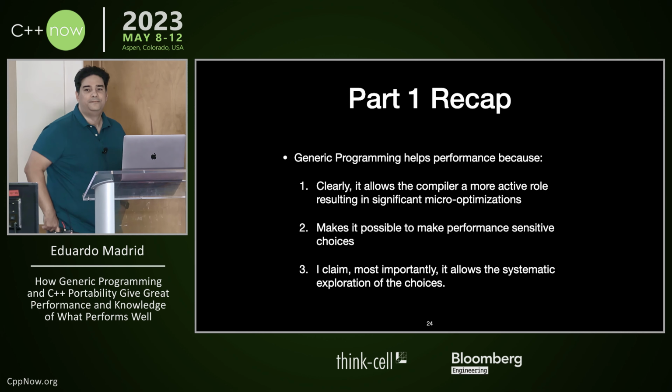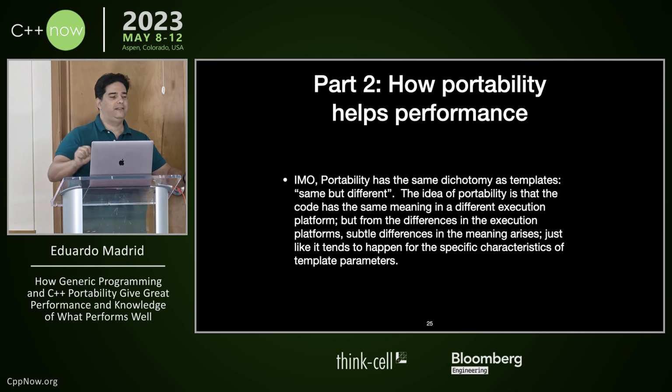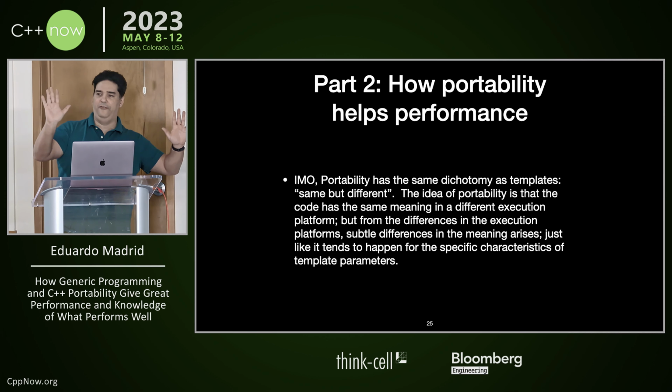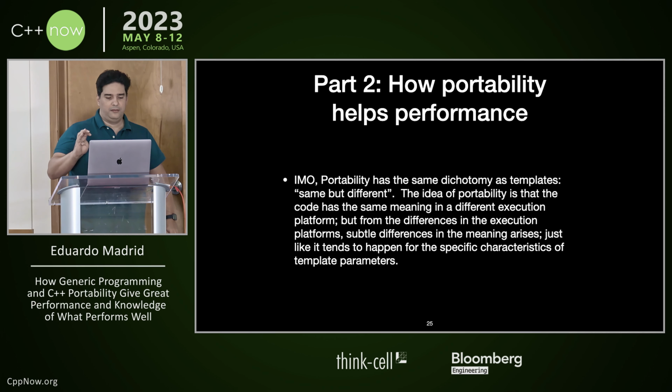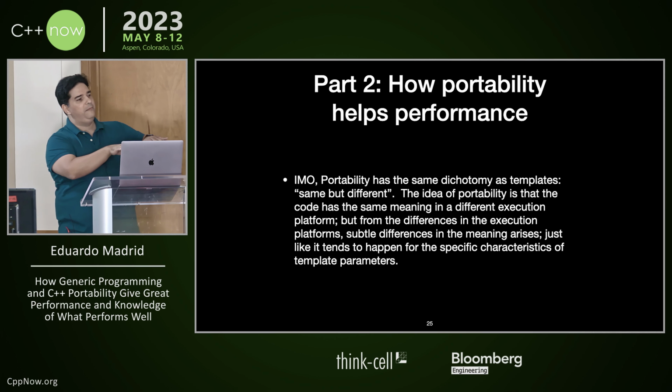In my experience, portability has the same dichotomy that C++ templates give me, okay? The dichotomy is that most of the time it is the same, but also different, all right? And that is the value, because the idea of portability is that the code has the same meaning on each platform, all right?